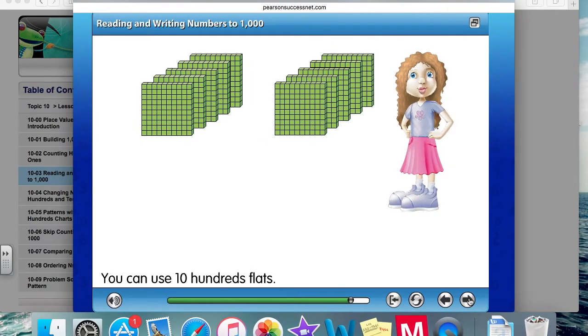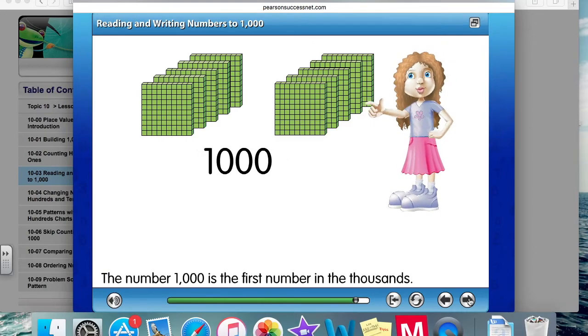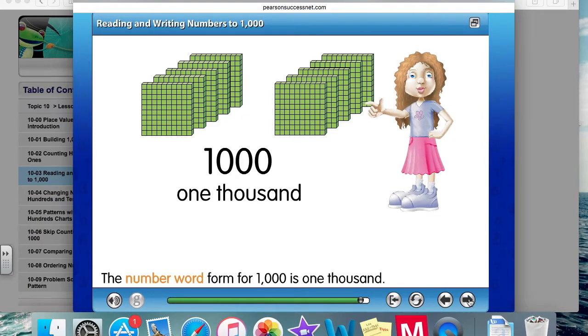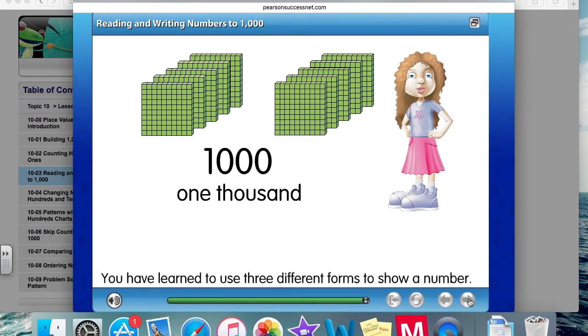You can use 10 hundreds flats. The number 1000 is the first number in the thousands. The number word form for 1000 is one thousand. You have learned to use 3 different forms to show a number.